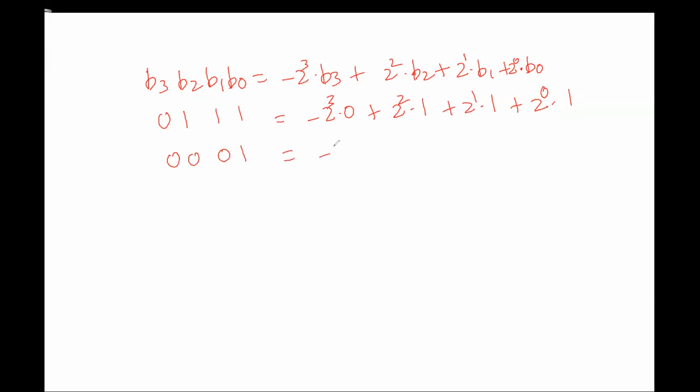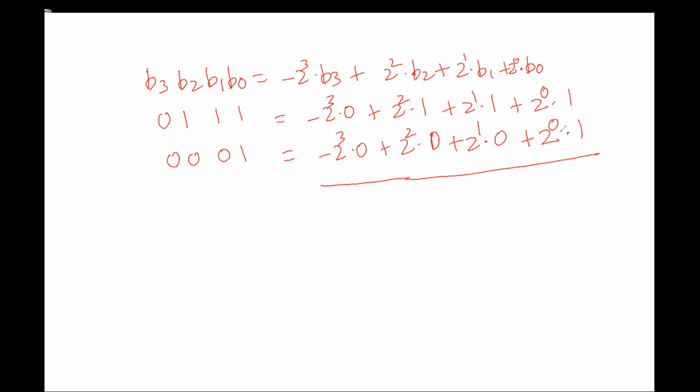So when you add 1 2 power 0 with 1 2 power 0, you get 2 power 1, that is 2.